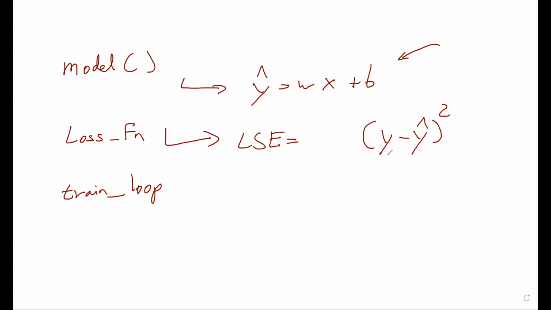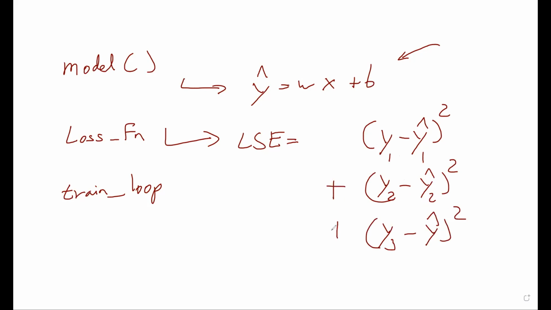You see that? So that means you're going to have y1, y2, y3, up to yn, and you're going to sum them. Does this make sense?